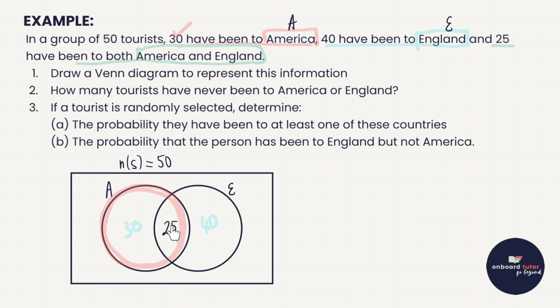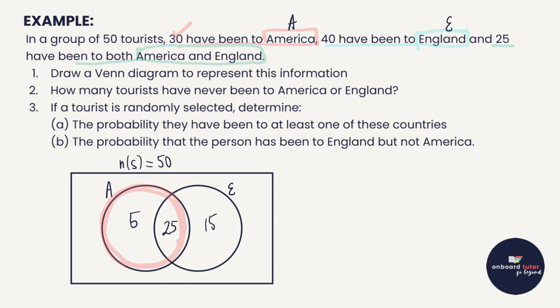So if 25 of them are already represented, then I can't have 30 there. Then I need a further 5, because 25 plus 5 will give me those 30 tourists. And in a similar way, 25 plus how much would give me this 40 here? That's going to be 15. So there, that's a much more accurate representation.